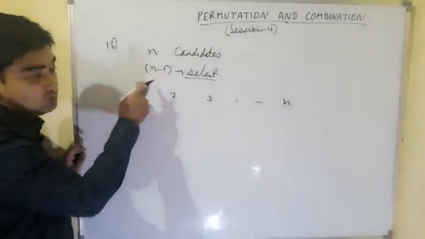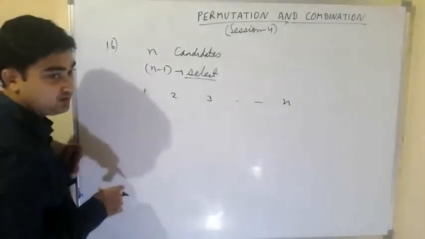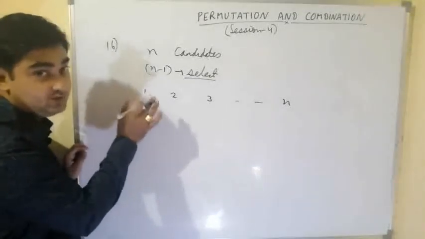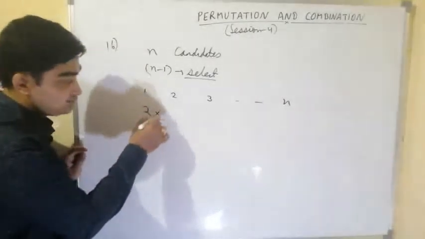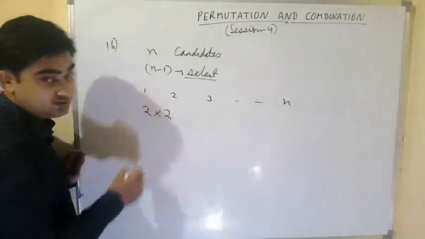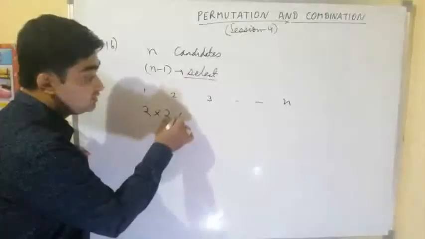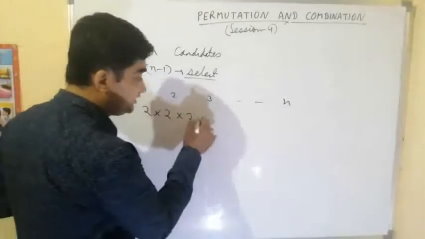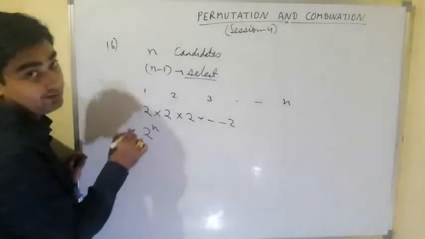First, I will look at candidate number 1, and I will have 2 choices, whether to cast a vote for him or leave him. Then I move to the second candidate, again 2 choices, vote or abstain. Third candidate also 2 choices. So with every candidate I will have 2 choices, and the total choices available are 2 power n.